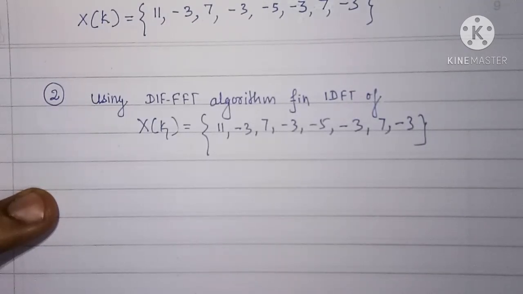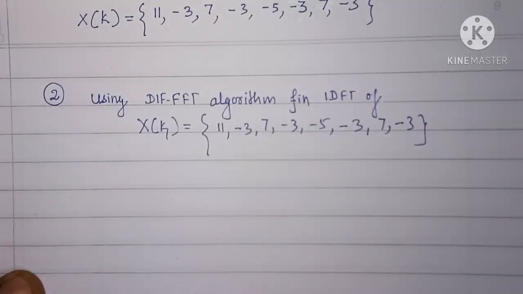And also one more point to be noted here is that we have to take the complex conjugate of twiddle factor used for multiplying the output of first stage, second stage and third stage.